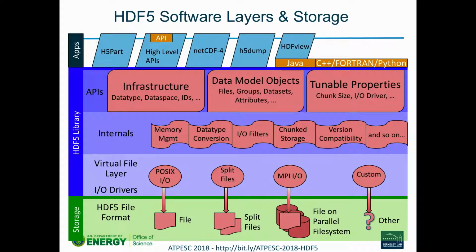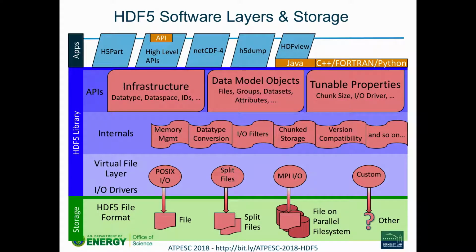There's support pieces in there, like I say, for dealing with data types, data spaces, the IDs that you get back for objects and things like that in HDF5, and then all the properties that you can tune and tweak about the I/O and the behavior of the objects in the HDF5 container deal with properties. Properties are a lot like MPI info objects. They're a way for you to kind of inject parameters through a standard API and still have some control over the behavior of the internal guts of the operations.